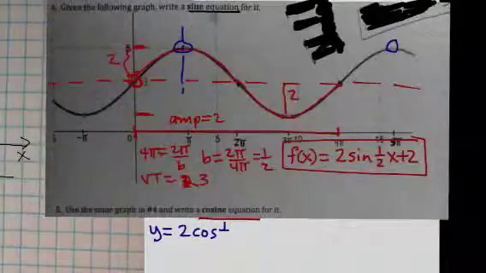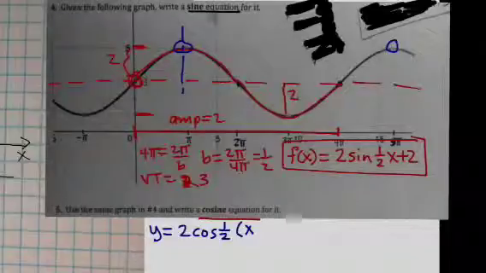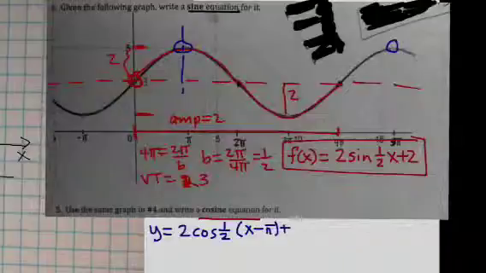Now, 1/2, right, because that's my b value, parentheses, I moved to the right, right? This blue line is to the right of the y-axis, so that means it's going to be minus. And then how much did I move? I moved pi units. And then plus 3.